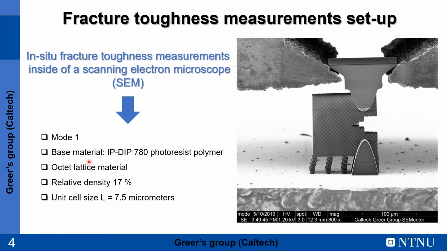In more detail, they applied mode 1 on this specimen. They used a base material of photoresist polymer, an octet topology, a relative density of 70%, and a unit cell size of 7.5 micrometers, which is the length of the cube that includes the unit cell.